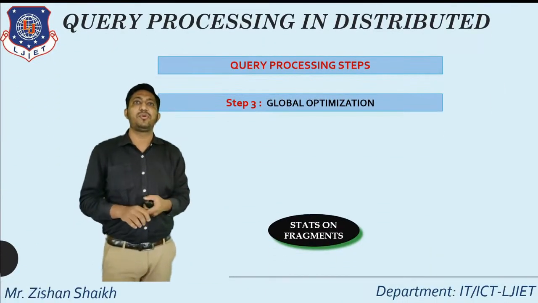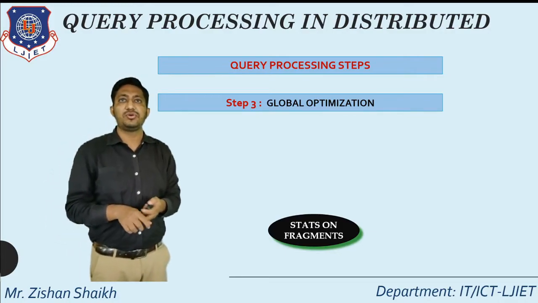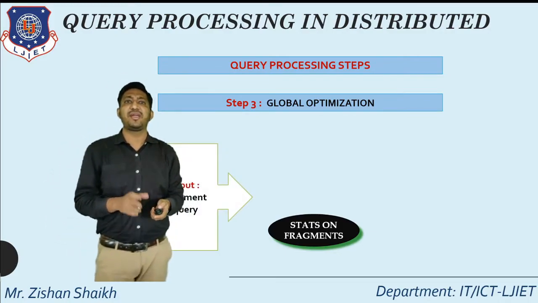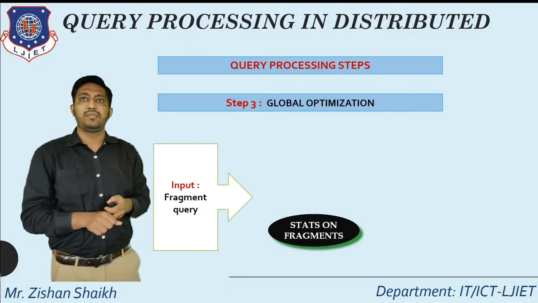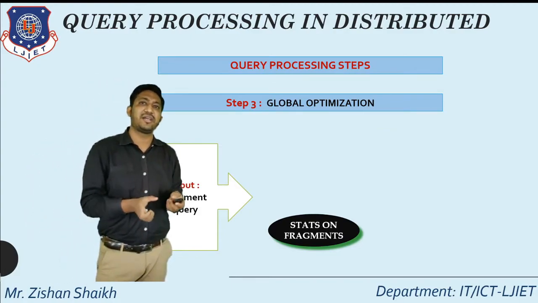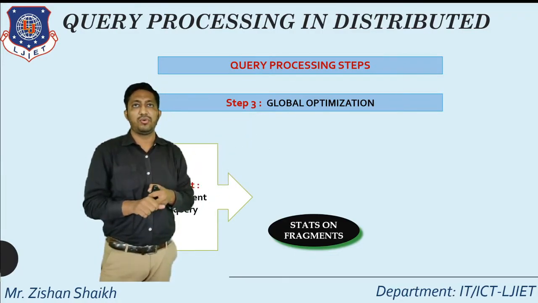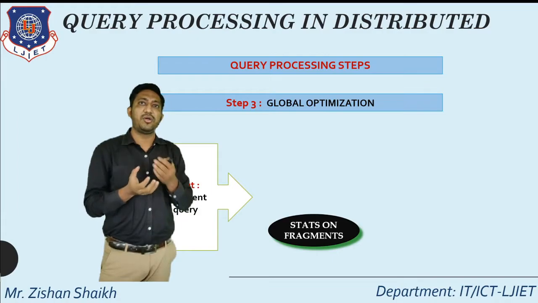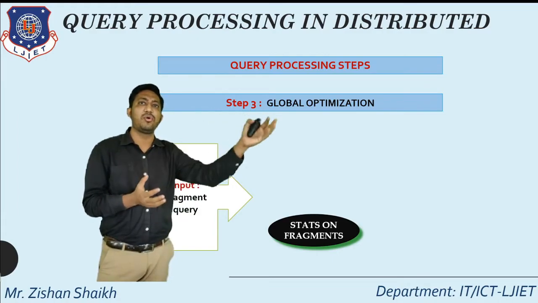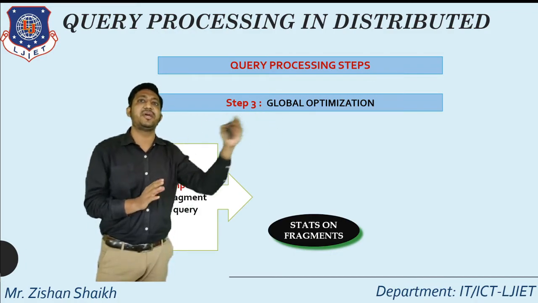Now we are moving to the third step, that is global optimization. From step number 2, we are getting the fragment query. Now if I want to execute this fragment query, how exactly do I reach that fragment query? Suppose I know a particular query can be executed at that location, but what are the alternatives to reach there?